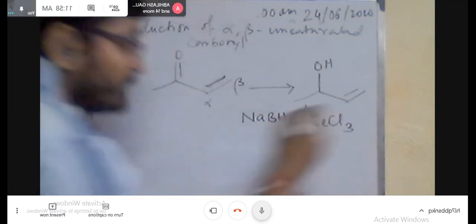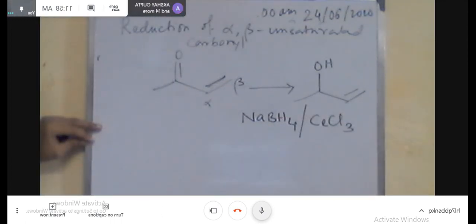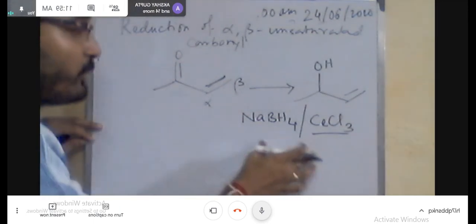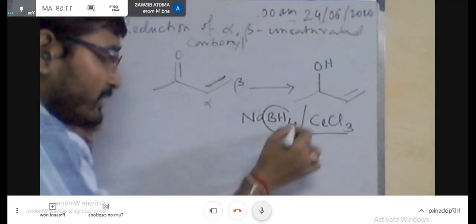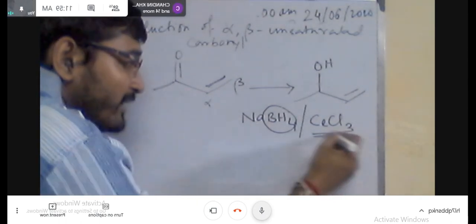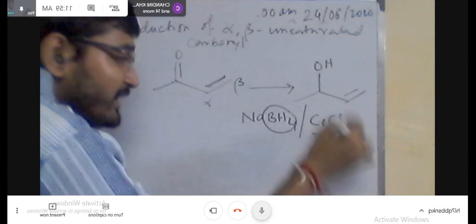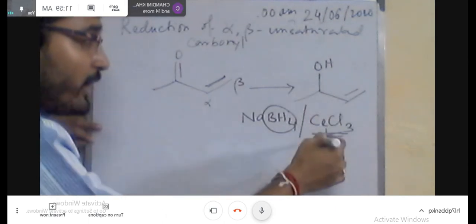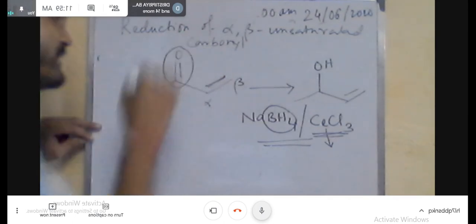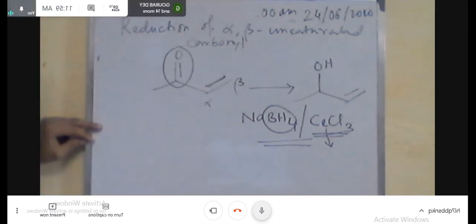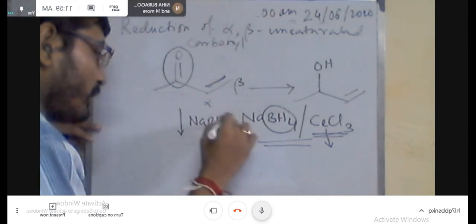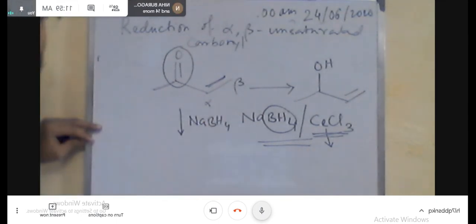the reduction of the ketone in presence of aldehyde. Say if you want to selectively reduce the ketone in presence of aldehyde, just for example, so this is the CHO and this is the ketone.